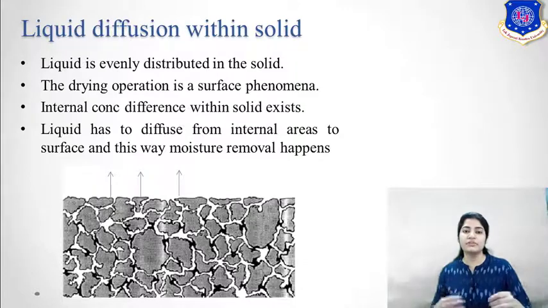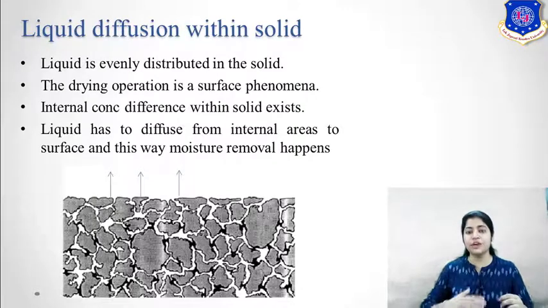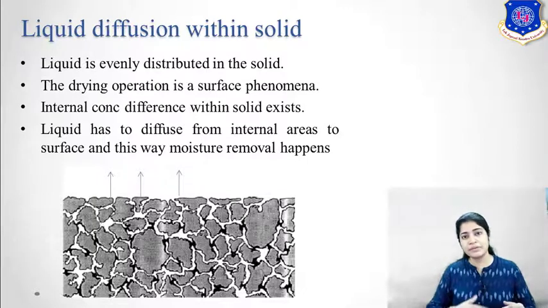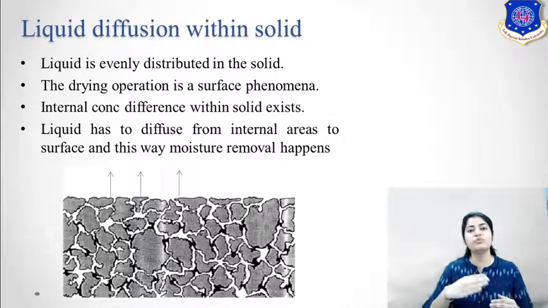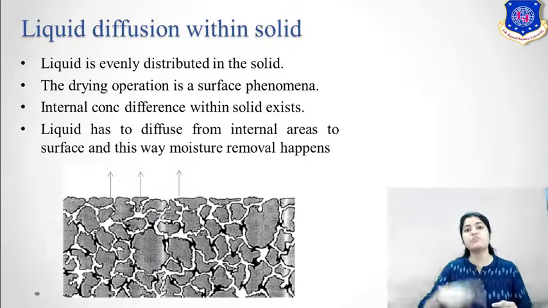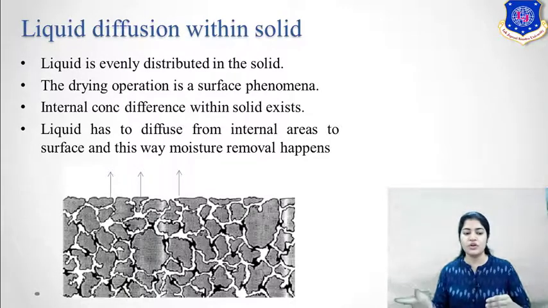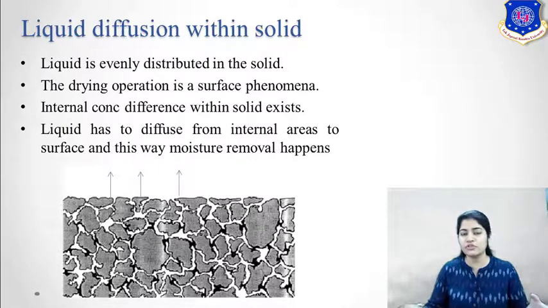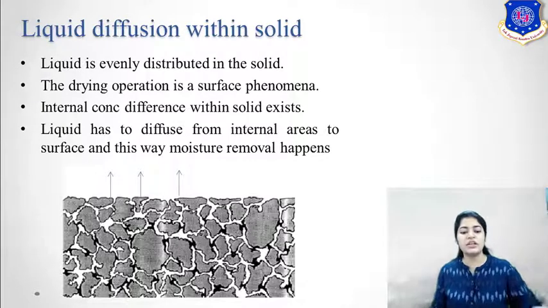So how the mechanism occurs is that, to carry out the drying process, liquid from the middle of your solid, from within the pores of that solid, has to come to the surface, and then from the surface it goes to the dry air. Here you can see in the figure, into the small pores your liquid is always trapped. So liquid has to diffuse from this internal area to the surface, and then the moisture removal occurs.